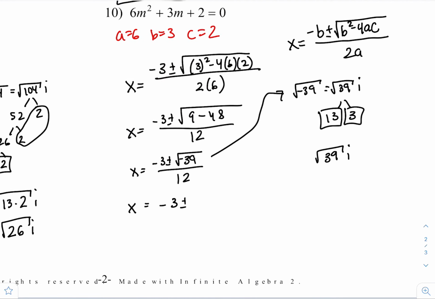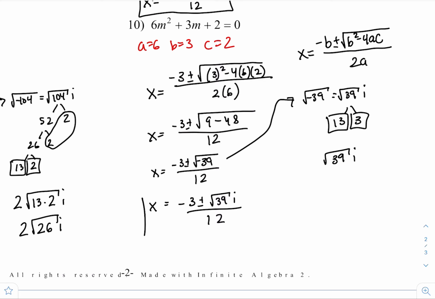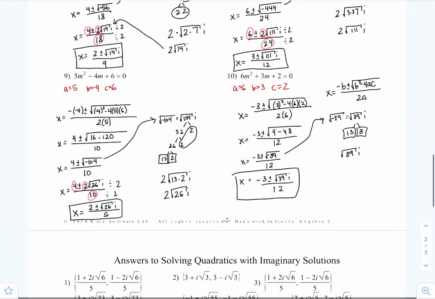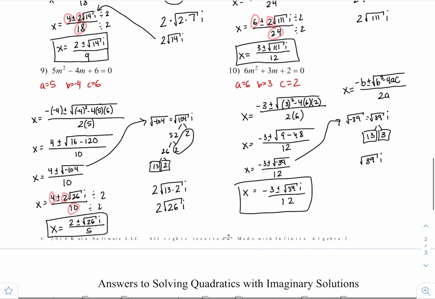So x is equal to negative 3 plus or minus square root of 39i all over 12. Nothing goes into 1, negative 3, and 12, so this is our answer, because we can't simplify it anymore.